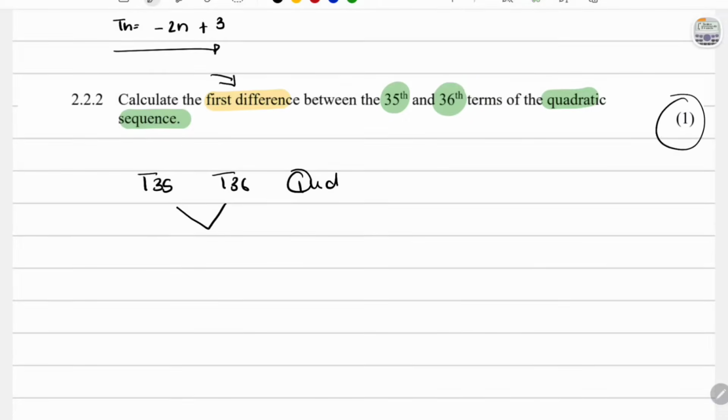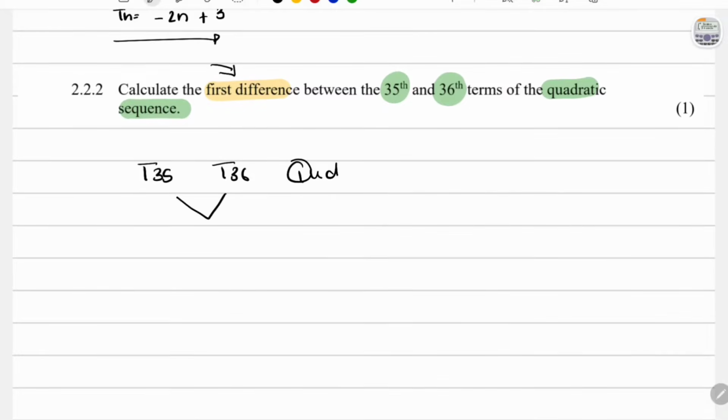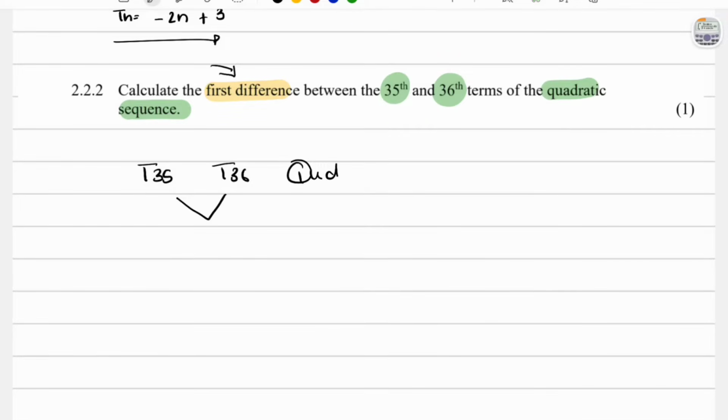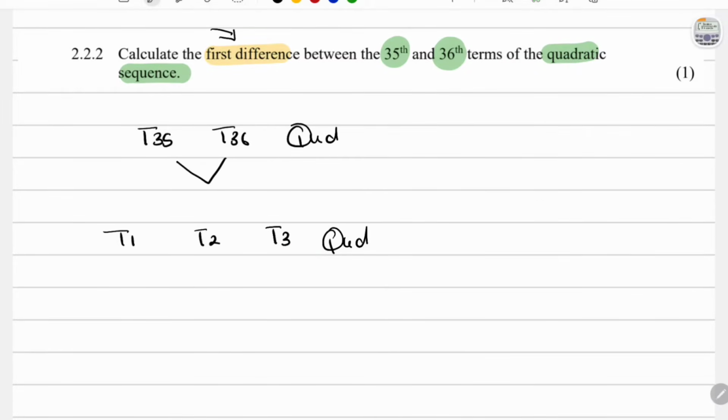Okay, so please note that this is only for 1 mark. It's a very simple step, okay? It's not something where you have to start calculating a lot of things. Think about it like this. If you have a quadratic pattern, and let's say I have T1, T2, and T3. If I wanted to know what term exactly would be between the third and the second term in this quadratic pattern, which term would this be in your first difference?